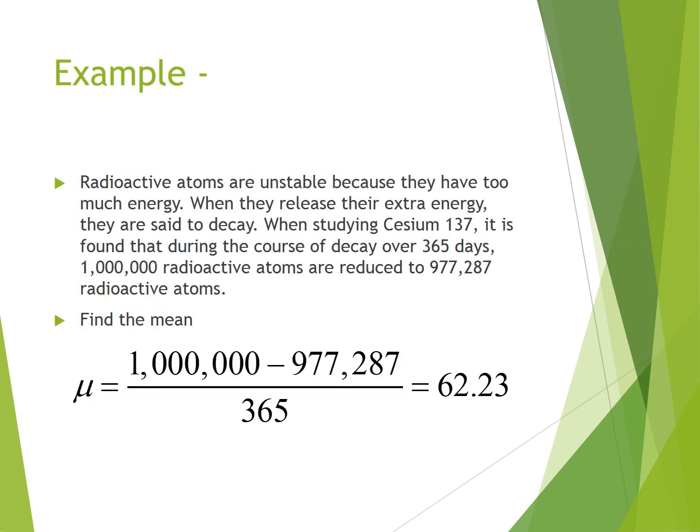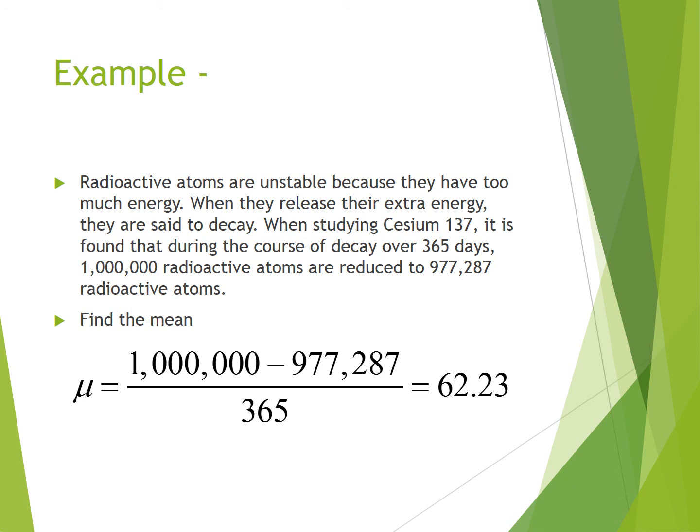Suppose I have radioactive atoms, and I started off with 1,000,000 radioactive atoms, and at the end of the year, I count how many atoms are left. So that's 977,287. So how many atoms have decayed? Well, it'd be 1,000,000 minus how many are left.